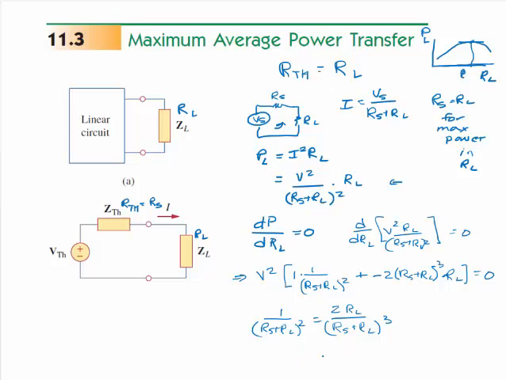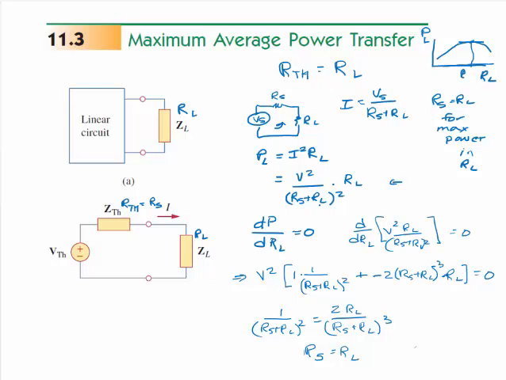I don't have to go through the algebra, but what you'll end up with is that Rs equals RL. So I can prove that when the load resistor equals the source resistor, we have maximum power transfer, because that's where the derivative of the curve equals 0. And that's all fine and good.